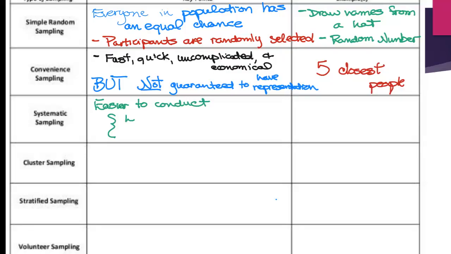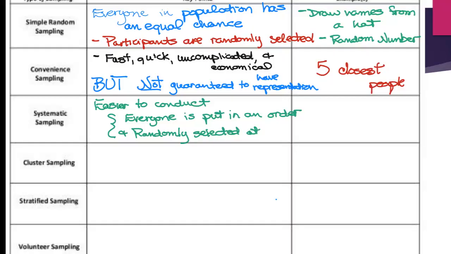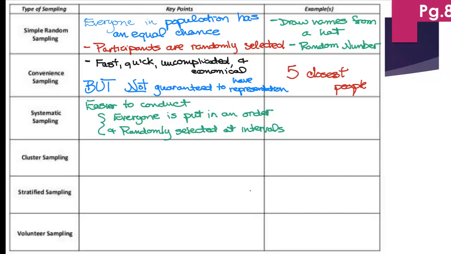Easier to conduct. Everyone is put in an order, and once they are put in an order, they are randomly selected at intervals.